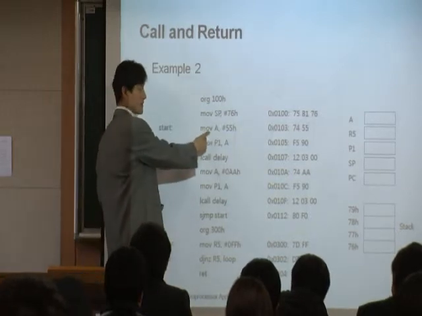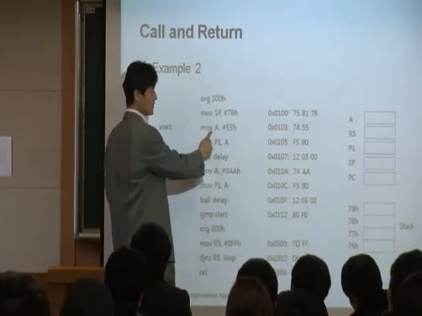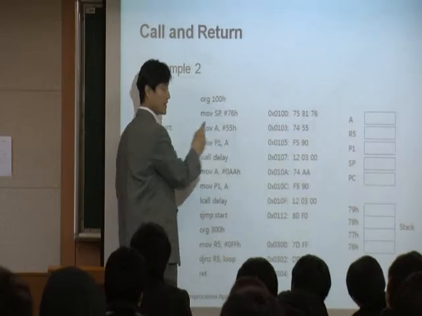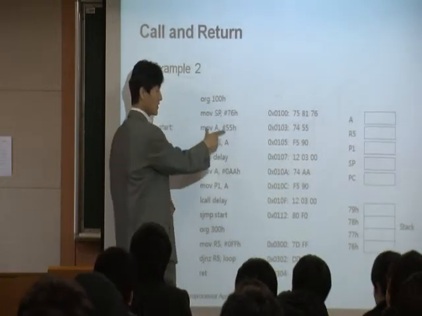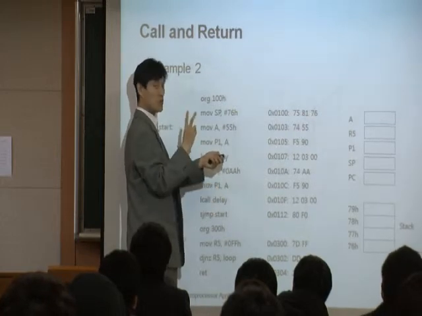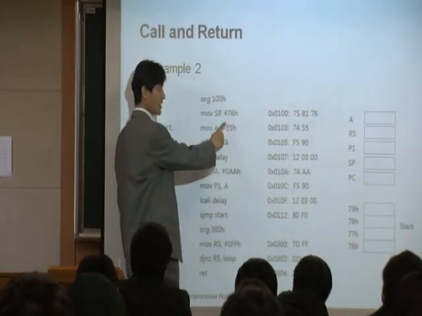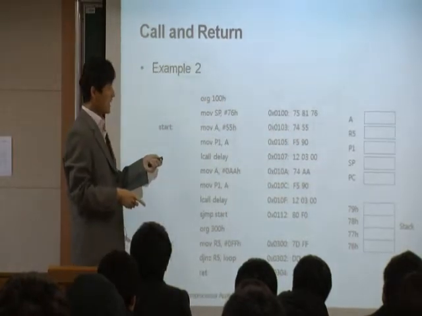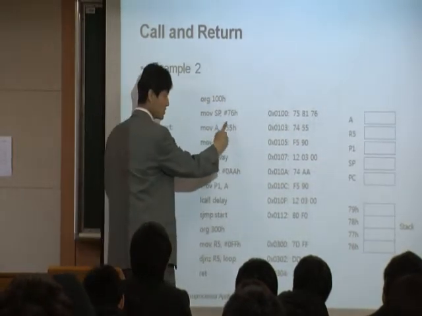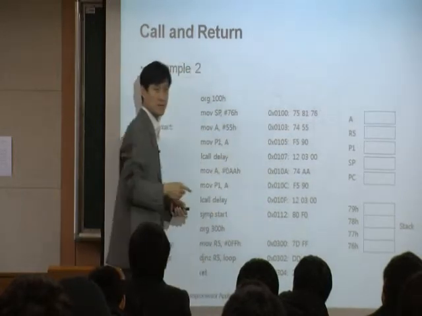Let's look at this one then. We have an instruction called move accumulator 55. Let's run the assembler for this particular instruction. That's this one. This is only a 2-byte instruction. We have a 55 operand still here. And move A, comma something, that's 74.